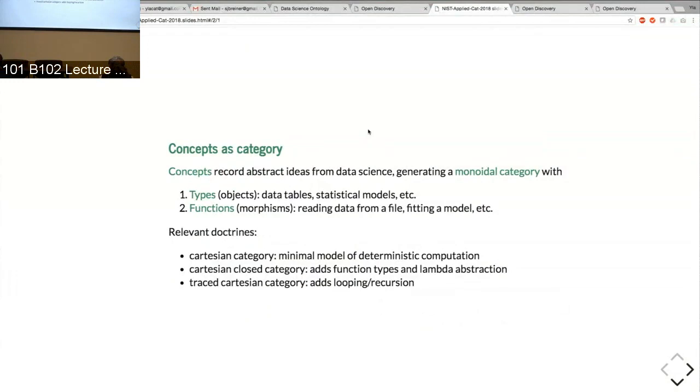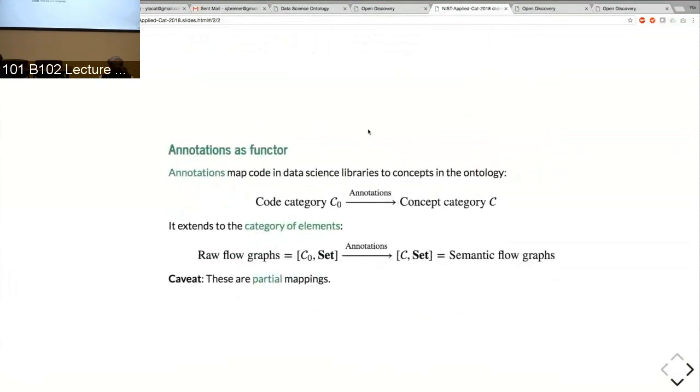Now, less conventionally, our ontology also has these things which are called annotations. The purpose of an annotation is to map code that exists in particular libraries onto the universal concepts that are in the ontology.